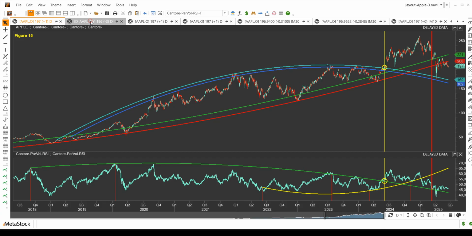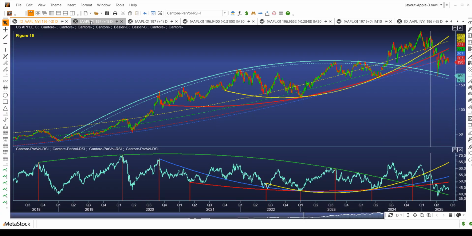Figure 16. With the sole purpose of illustrating the versatility of the add-ons of the Cantore family in the application of the methods of nonlinear graphic analysis and graphical algorithmic analysis, the figure shows the use of a considerable number of parabolic involutes applied both to the Apple chart and to the chart of its RSI indicator.